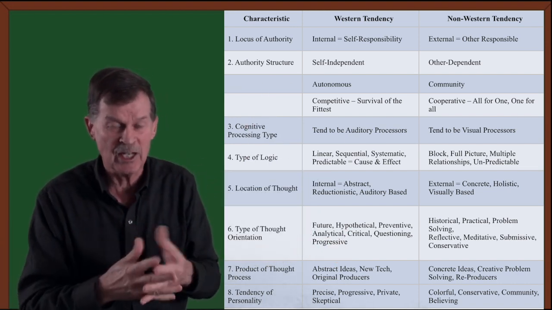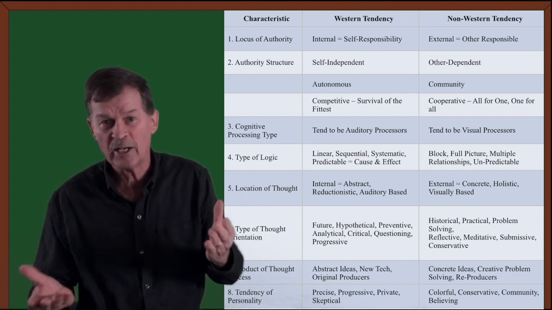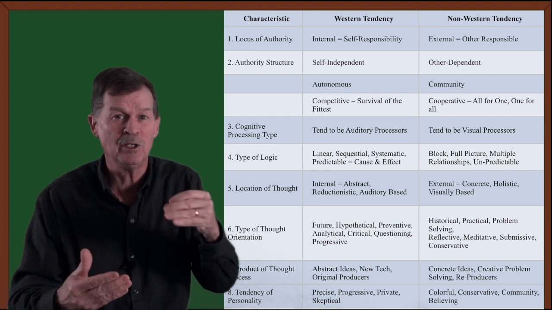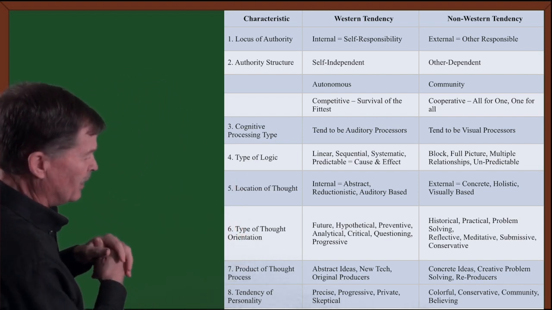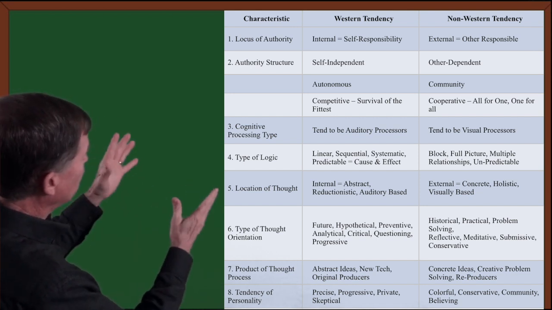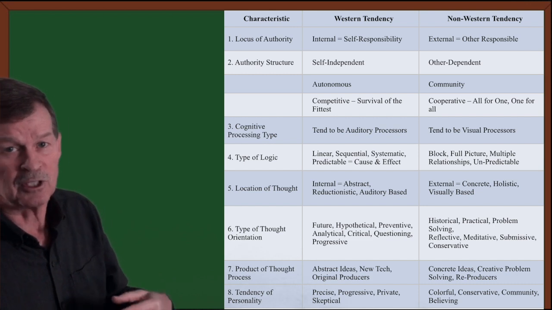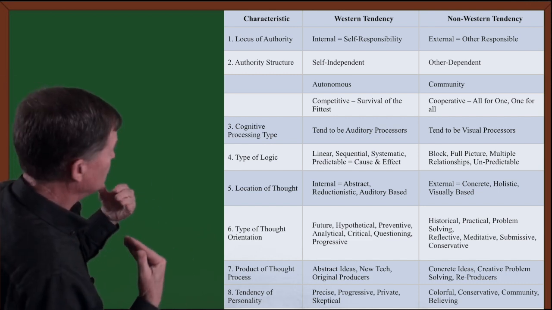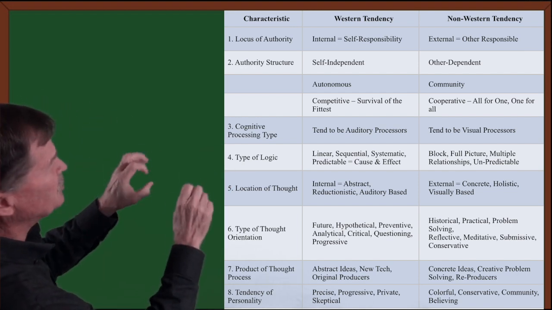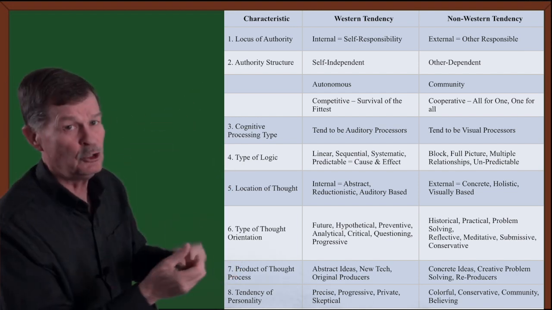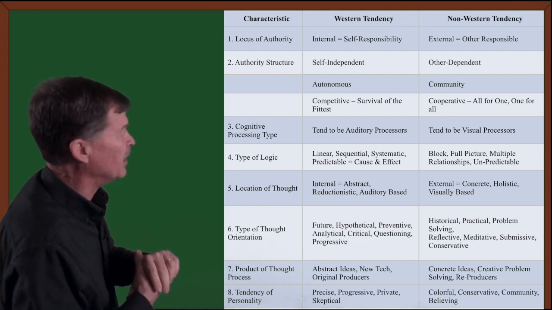Their thought is internal and can go hypothetically in a lot of different directions and does not need experience to think on it. So in other words, they are internal, abstract, which means it's taken out of context. It doesn't need a context for this thought process. And it is reductionistic. The thought can be reduced to just the thought itself and reapplied to a different context.